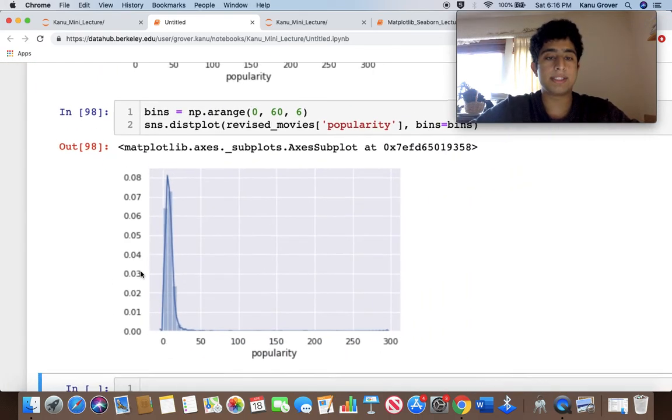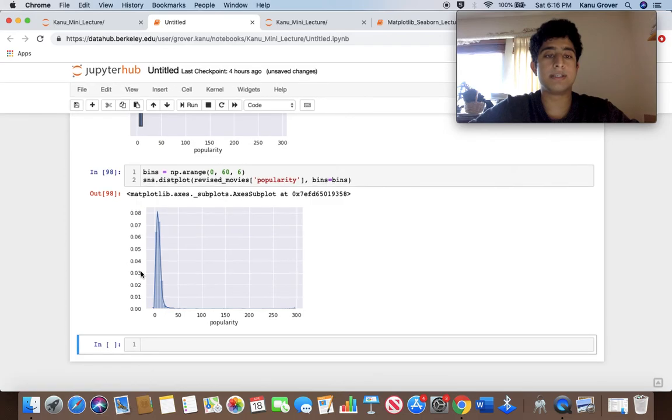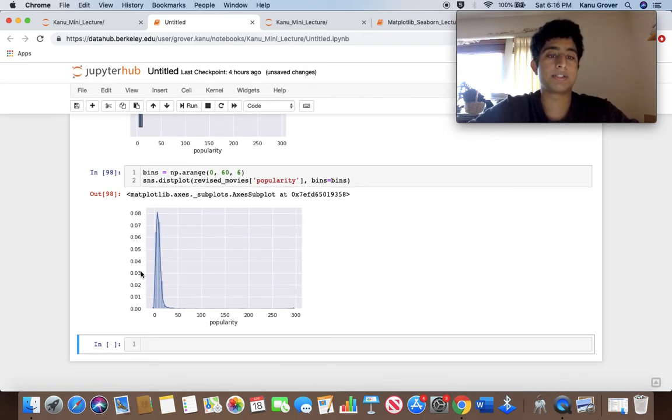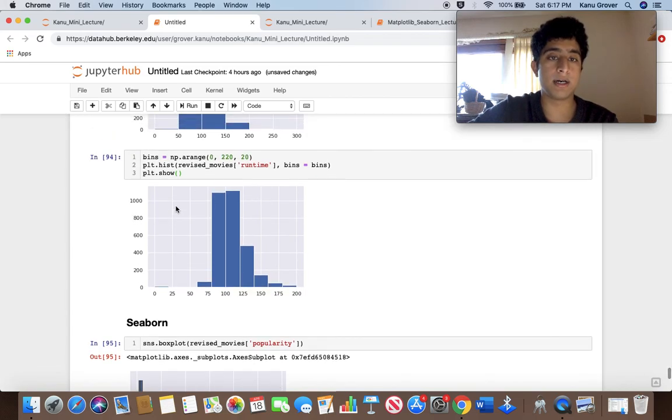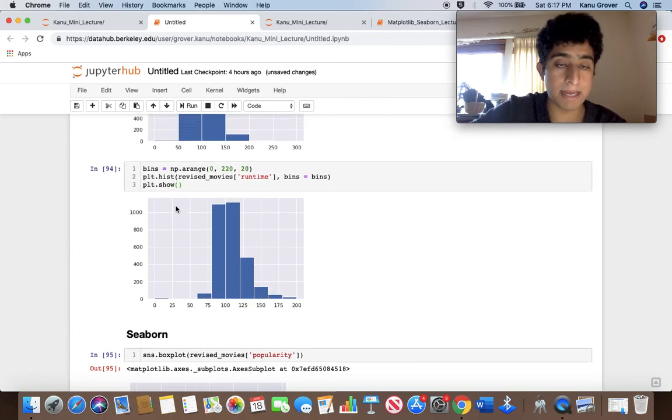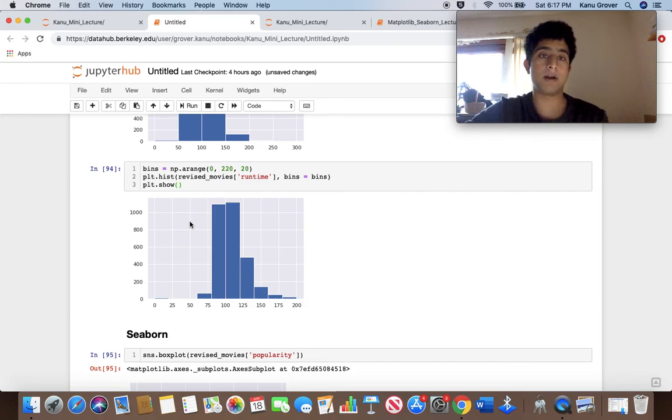So Seaborn is not as strong as Matplotlib when it comes to displaying histograms, for example, because in Matplotlib, when we specified our bin length, our graph only captured that range of bins. So for example, when we described our bins to be 0 to 220 with a bin length of 20, our graph only had a range from 0 to 220.